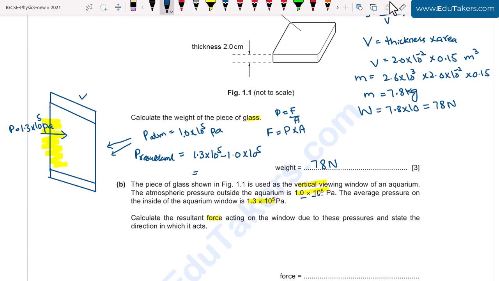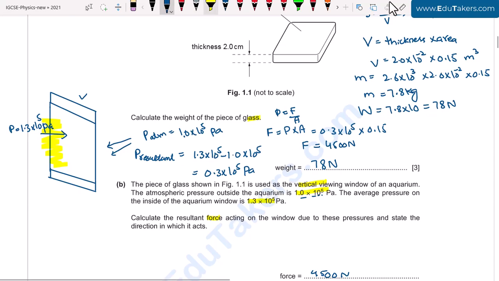So it comes to be 0.3 × 10^5 pascals. Area is also given, which is 0.15 meters squared. After multiplication I get force comes to be 4500 newtons. So I write here force is 4500 newtons.